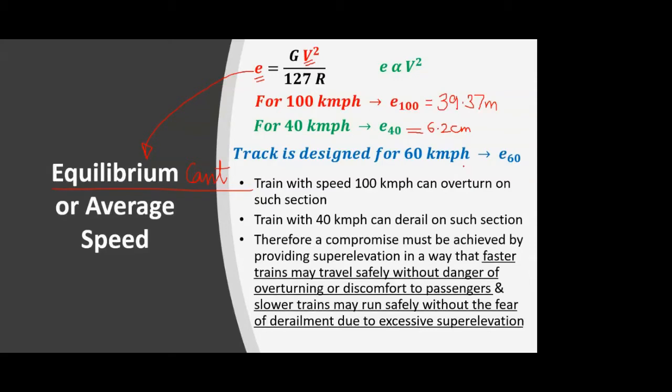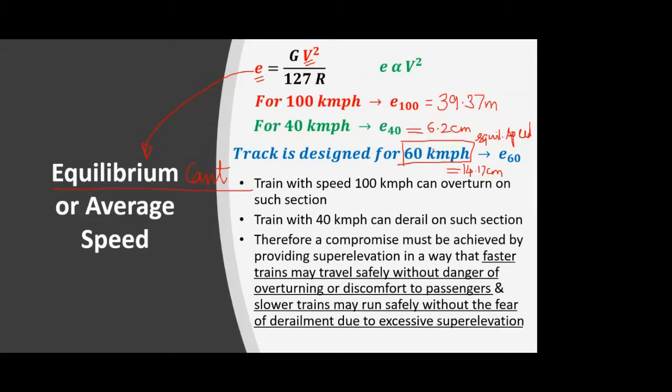Now we'll take this example itself for understanding the Cant deficiency. Suppose 60 kmph comes out to be your equilibrium speed, by all the formulas and calculations.